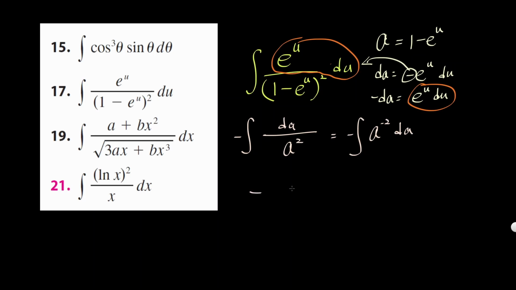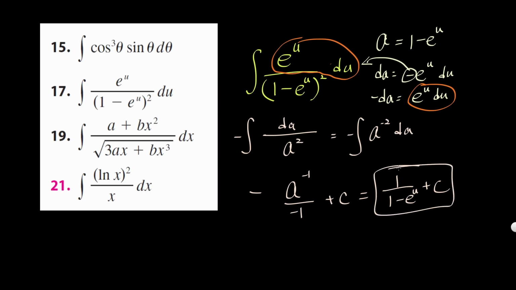That's negative a to the negative 2 plus 1 divided by negative 1, plus c. The negatives cancel out, so it's 1 over a, which is 1 over 1 minus e to the u, plus c. So that should do it.